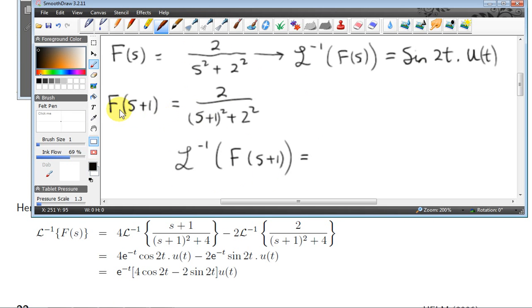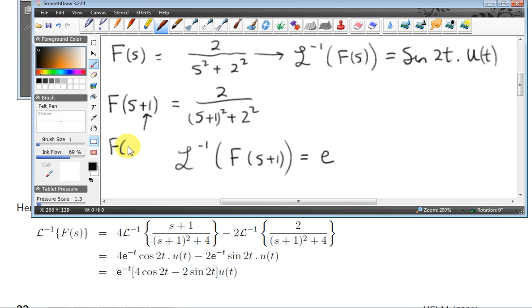Now here is F(s+1). What we're interested in is this here. And by the first shift theorem, the inverse transform of F(s+1) is e^(-at), where a is this number here.